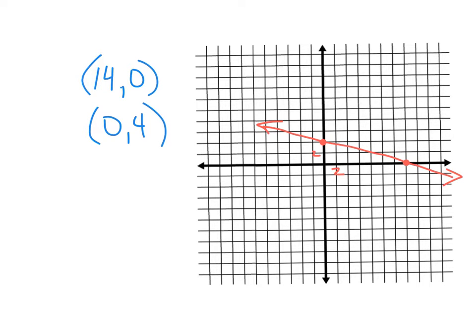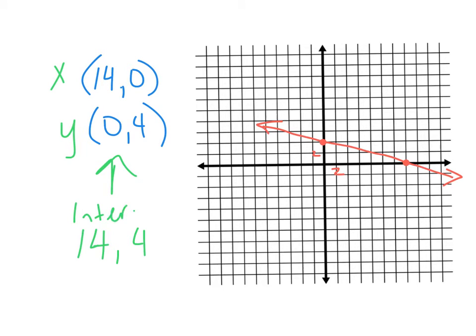If they tell you to graph it, you need to get the intercepts into this format. Look up here. So this is your x-intercept, this is your y-intercept. I could have written it as 14, 4 as these are the intercepts, but that doesn't help you graph it. So if you put it in this form, then you can easily graph it.